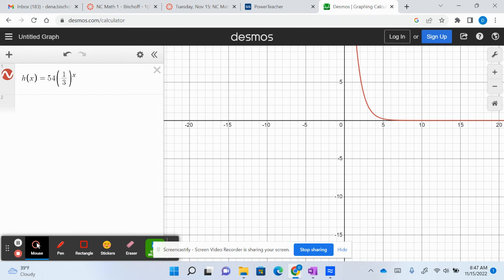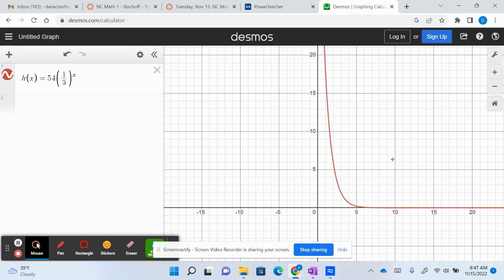Okay? So it says evaluate the function at h of 1. So when I let x equal 1, this crosses the y-axis at 18. So when x is 1, the output is 18. So h of 1 is 18. H of 2 is 6. And h of 3, I can grab it for you, is 2. H of 3 is 2.